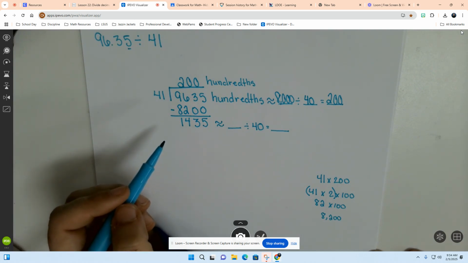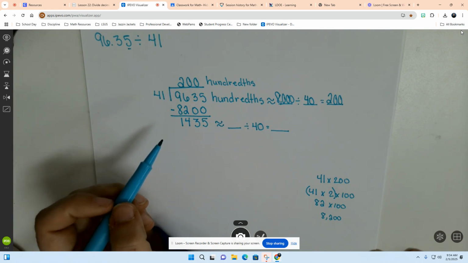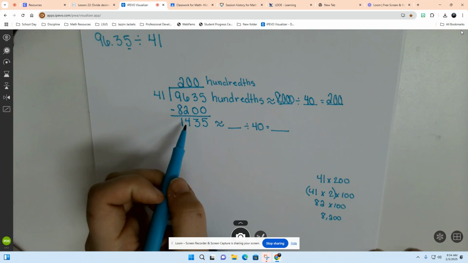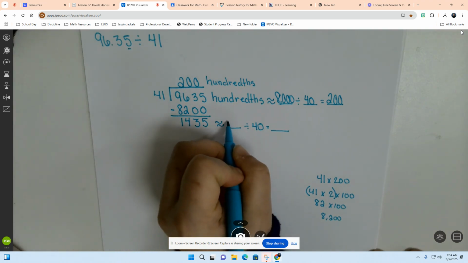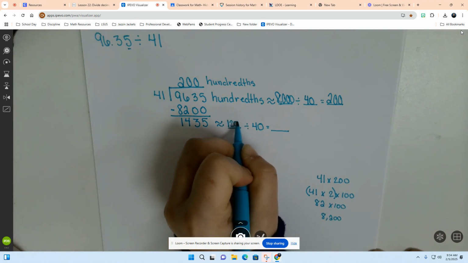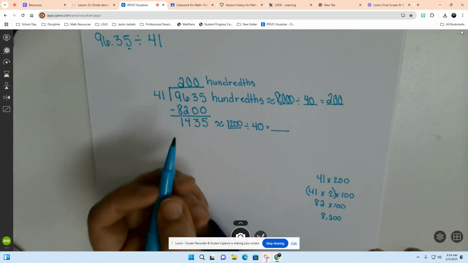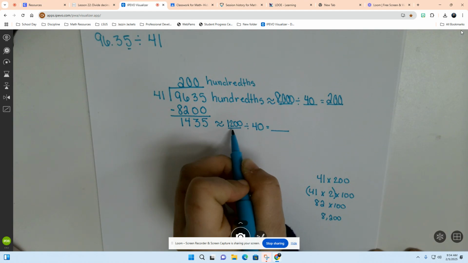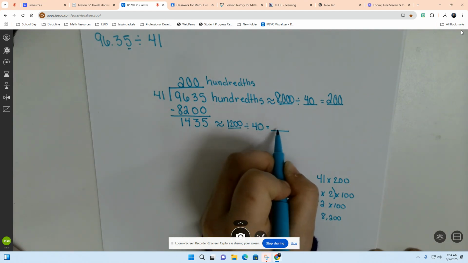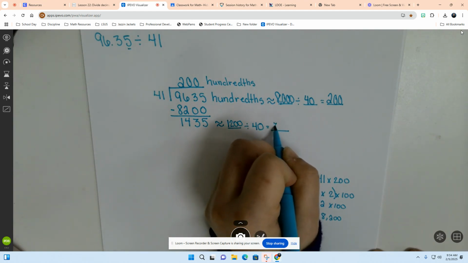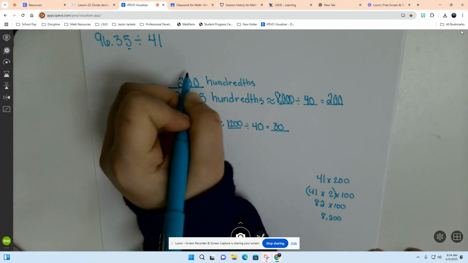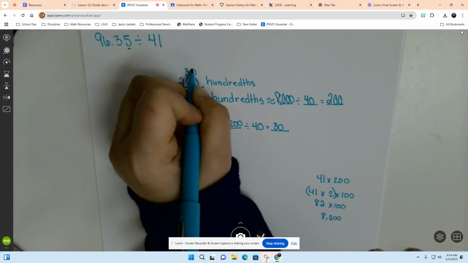No, but we could do 12 divided by 4. So we could make this 1,200. That's okay, though. It might add up the same. So 1,200 divided by 40 is 30. Put our 30 up top.